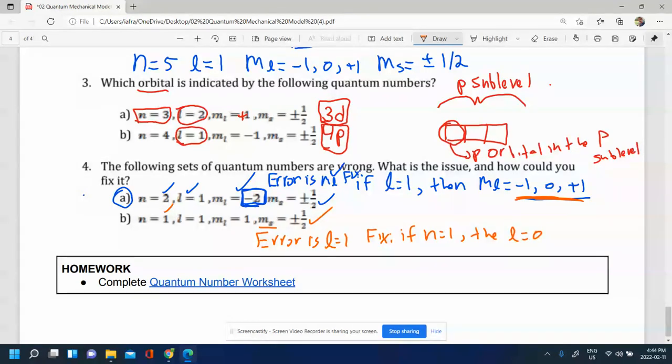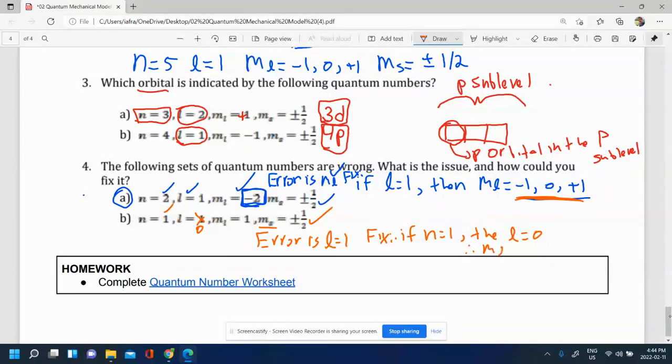That's our fix. And now the problem here, though, is we need to continue this. So some students, and I think I chose a fix that causes a problem here. So if I change this to L is equal to 0, my ML can't be 1 anymore.